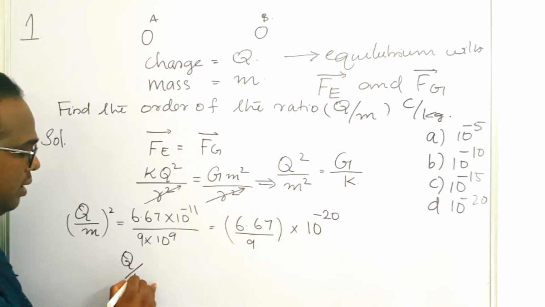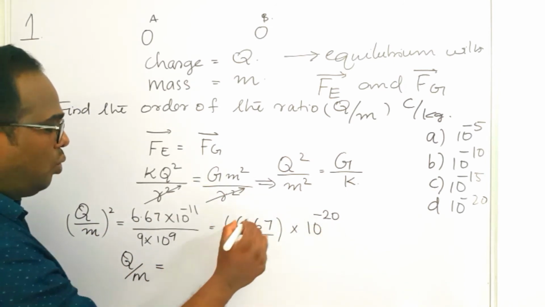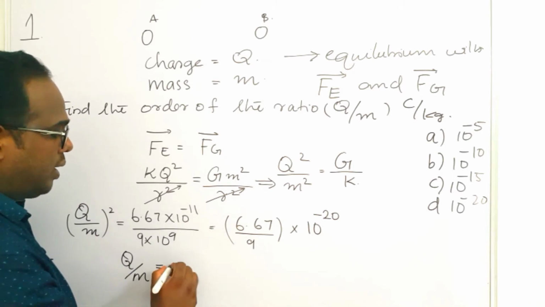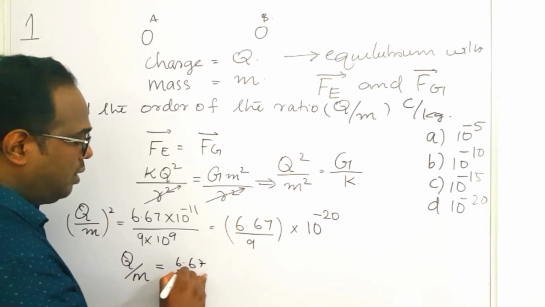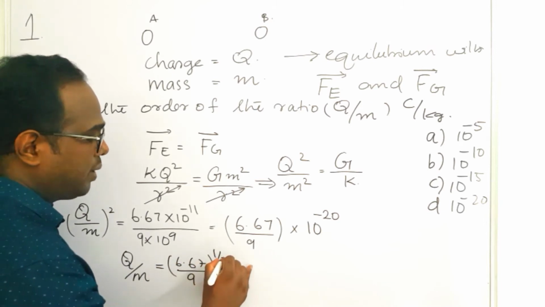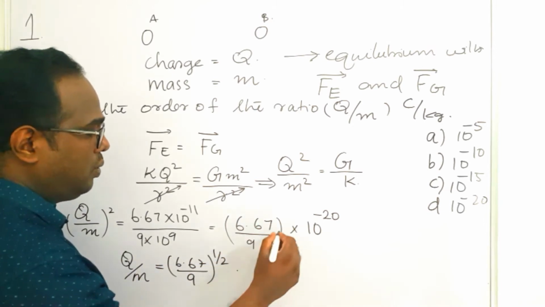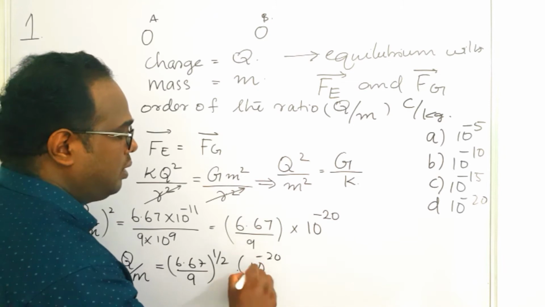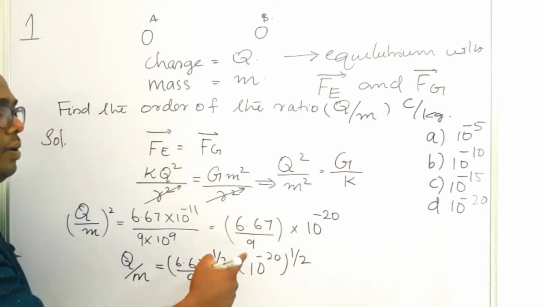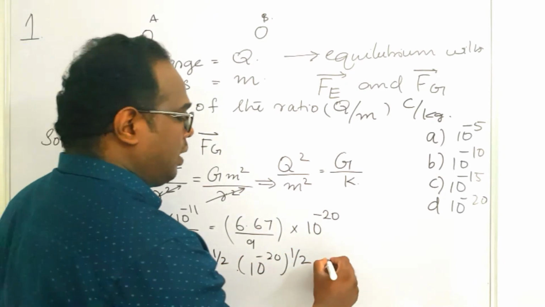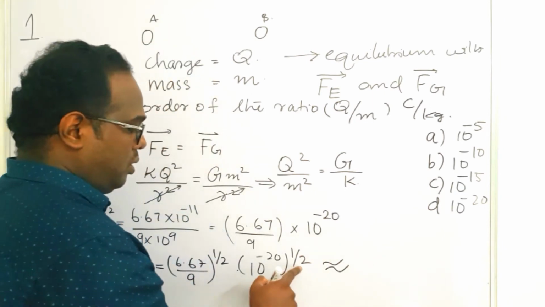Q by M is equal to the root of 6.67 by 9, raised to 1 by 2, correct? Root into 10 raised to minus 20, raised to 1 by 2, correct? It will become approximately equal to, we need only this value.